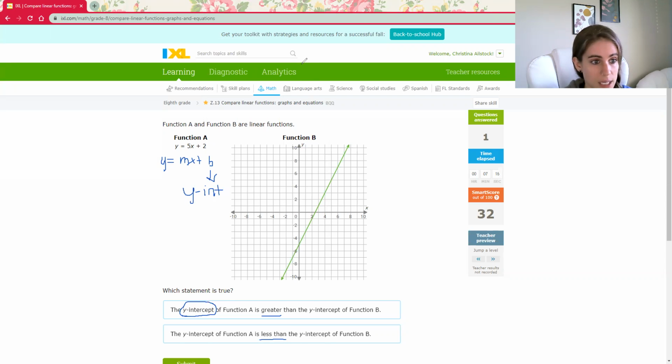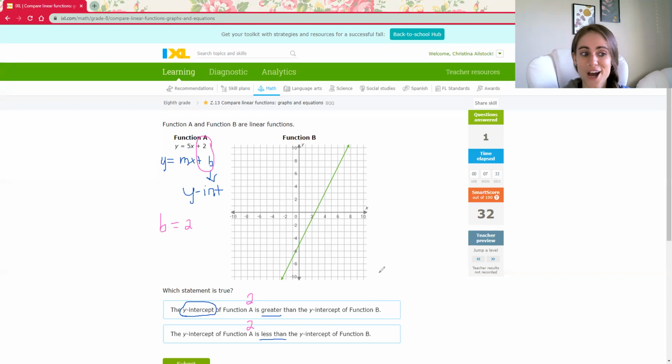So in this case, my b is a positive 2. So the y-intercept of function A is a positive 2. It's kind of funny. It's the same as the slope last time.